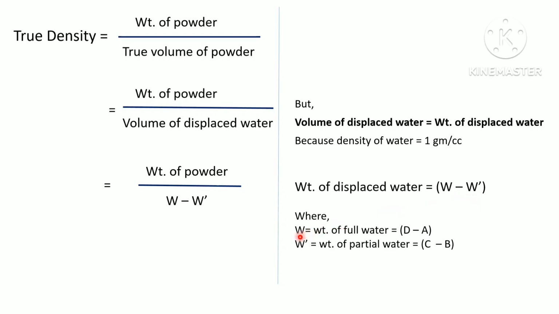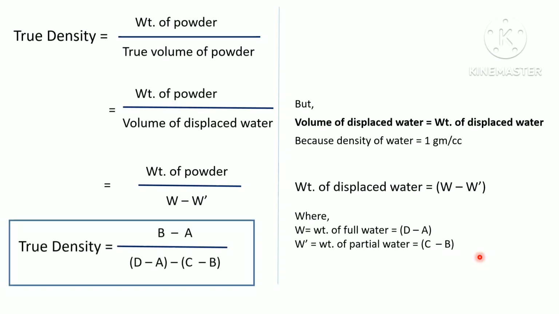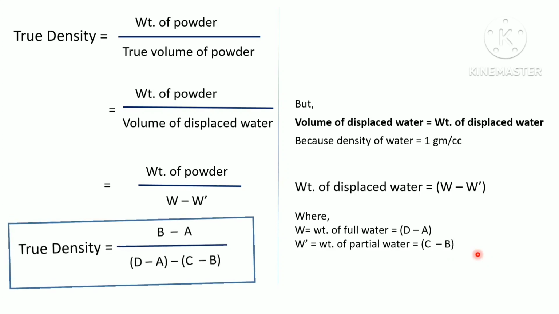W is equal to the weight of the full water, that is D minus A, and W dash is the weight of the partial water, that is C minus B. And finally, we get the equation to determine the true density of the powder.